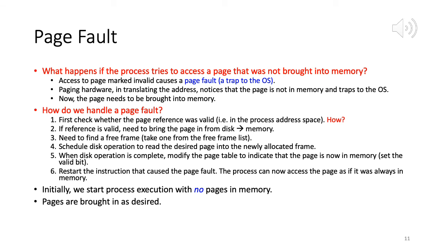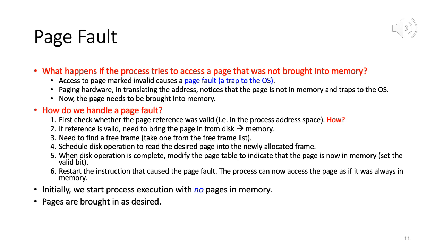So whenever you have a page reference for a process X, you have to first see whether that page lies within the virtual address space for process X or not. We can do that using our base and limit registers, right? We discussed that in the last chapter. So it has to be within that range. If it is, then it's valid.